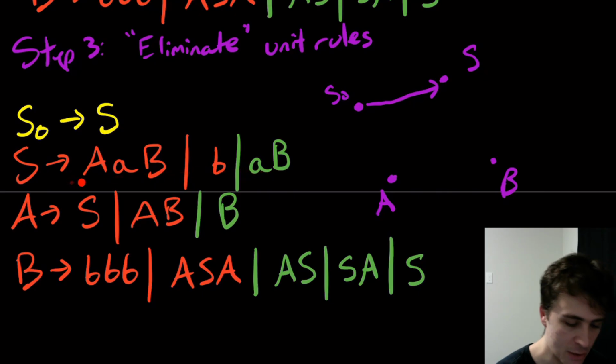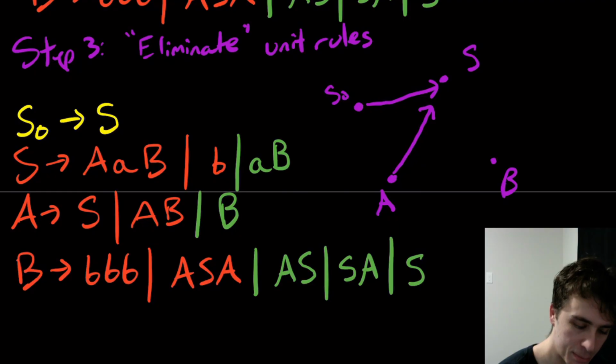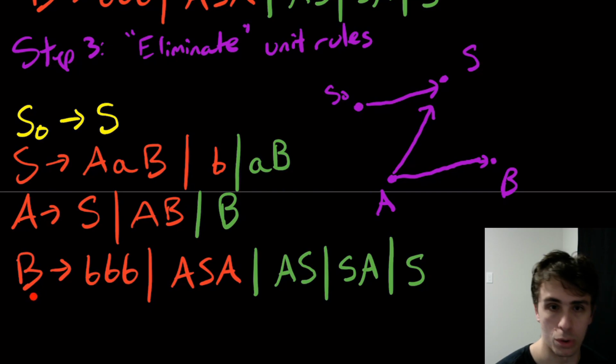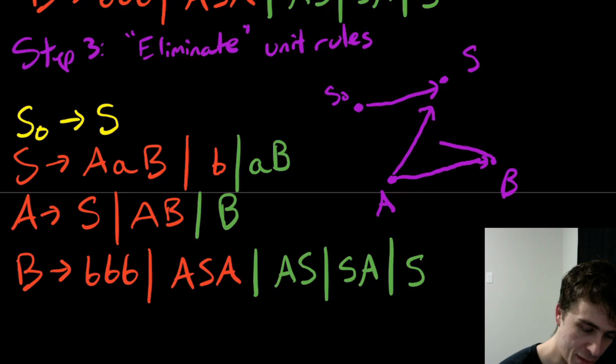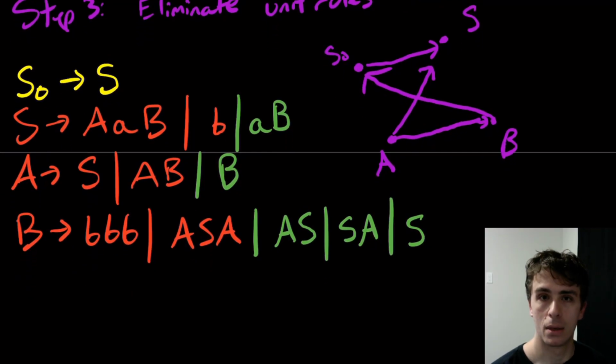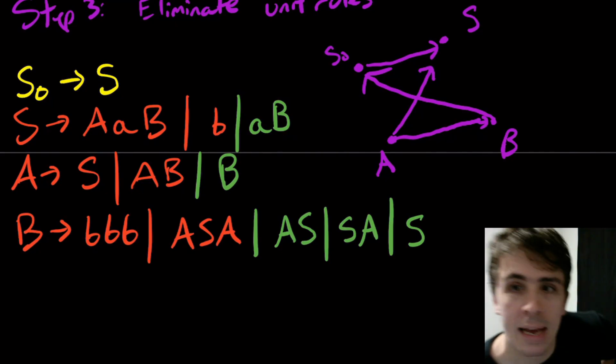S doesn't have a unit rule, so there's nothing coming out of S here. A goes to S, and actually A goes to B also. So A is going to go to S, A is going to go to B, and the only other unit rule is B goes to S, so I'm going to have this arrow also.